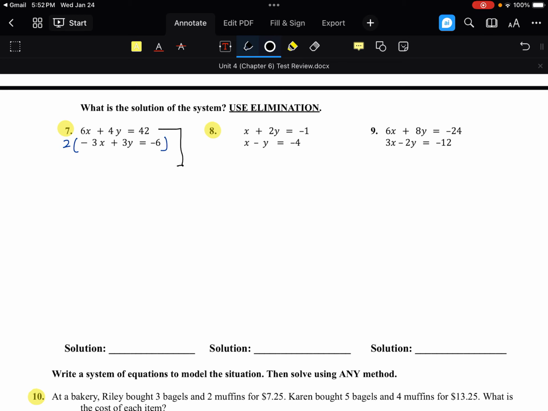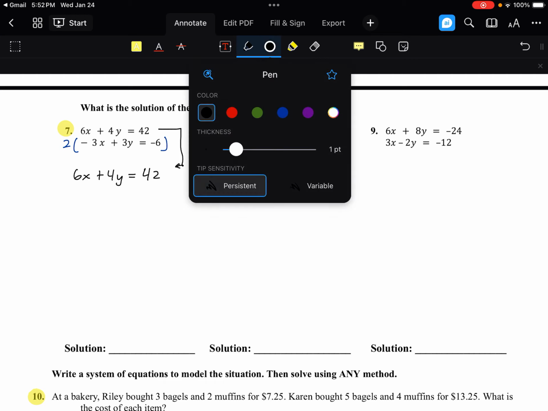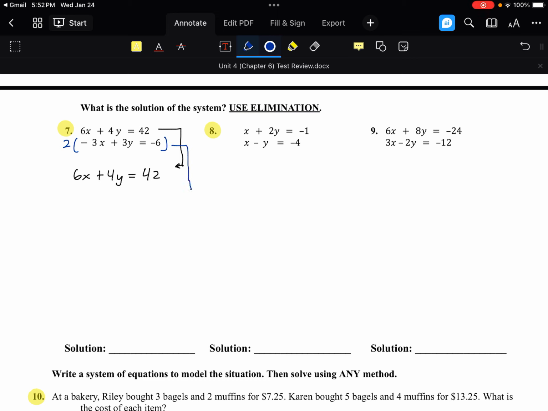So I'm going to leave the first equation as it is, so I'll just rewrite that here. 6x plus 4y equals 42. The second equation, however, I'm going to multiply everything in it by 2. So this becomes negative 6x plus 6y equals negative 12.